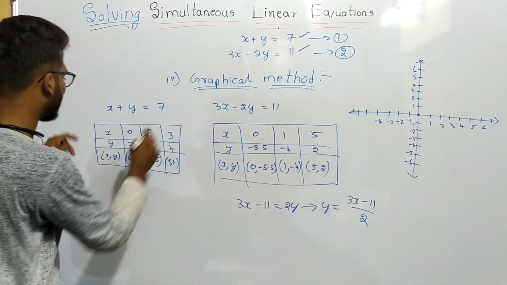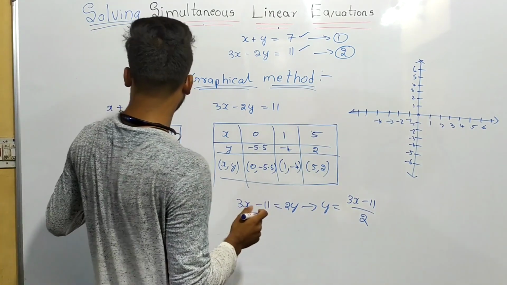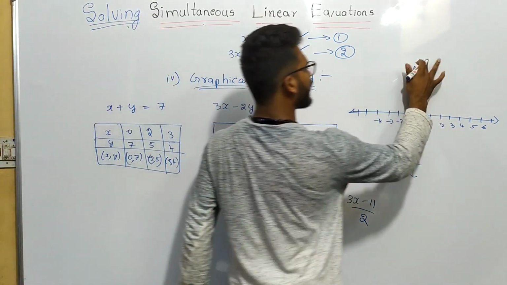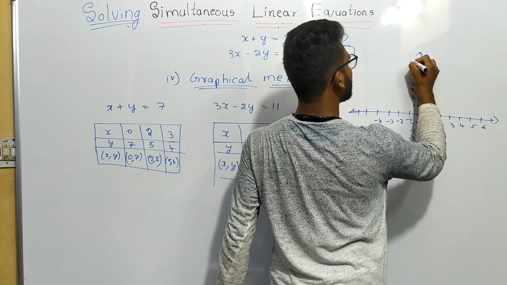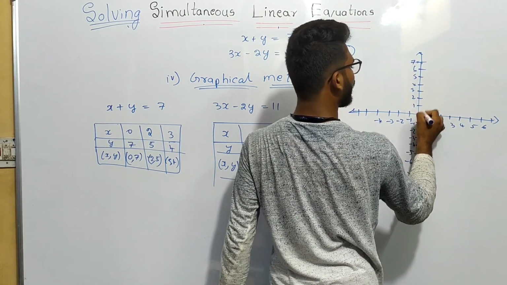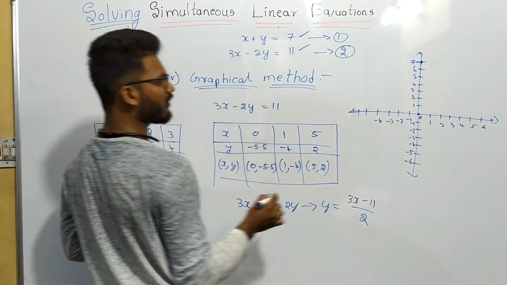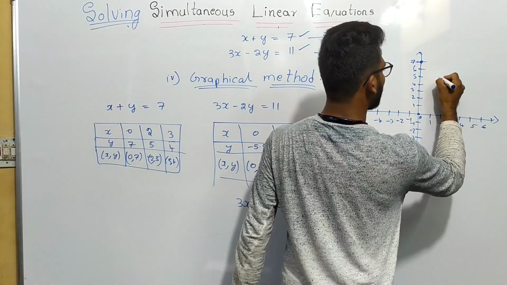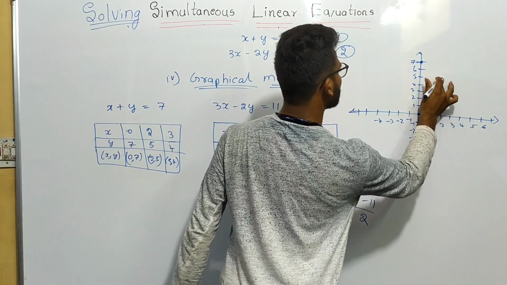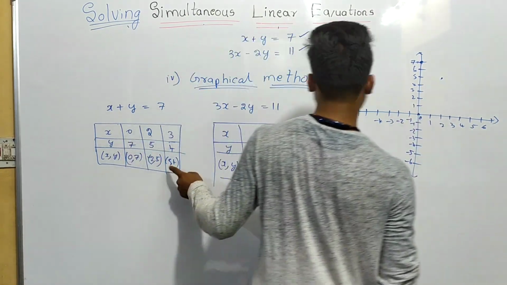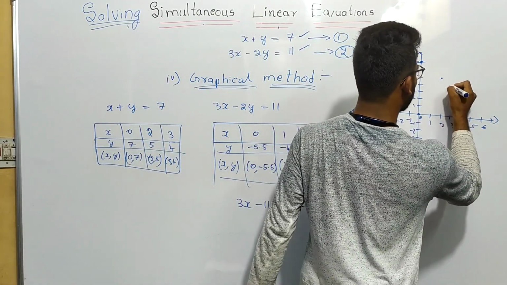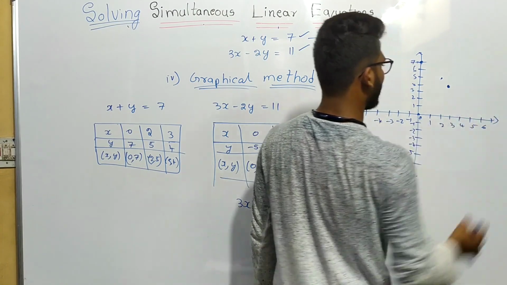Now, first plot this line. What will you get? 0 comma 7. x is 0, y is equal to 7. So you will get the point like this. And next 2 comma 5. You will get it like this. And next 3 comma 4. You got it like this.